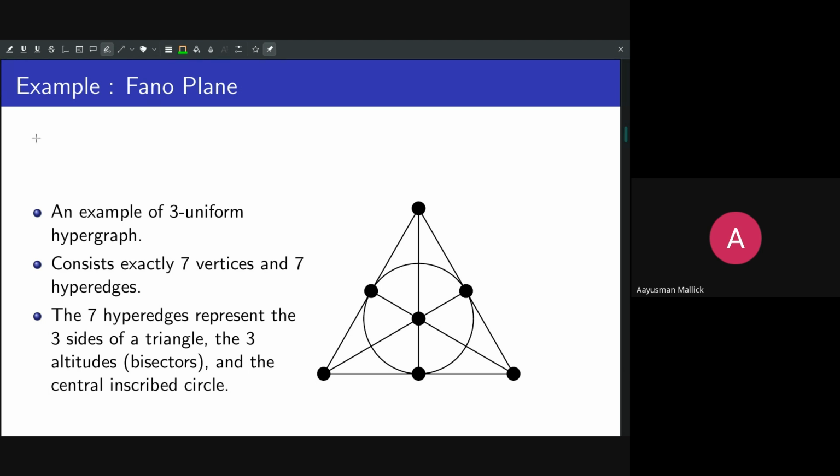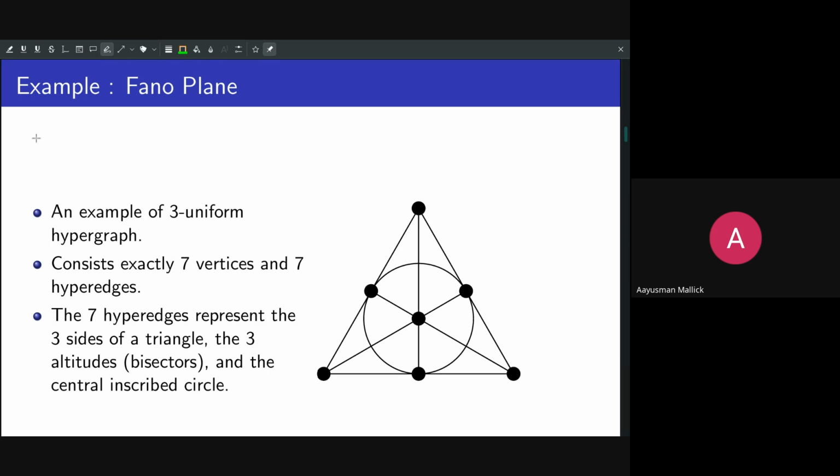Now, consider the vertices as the vertices of the triangle, the points where the circle, the perpendicular bisector, and the side of the triangle meet, and the intersection point of all three altitudes or bisectors, which is also the center of the incircle.